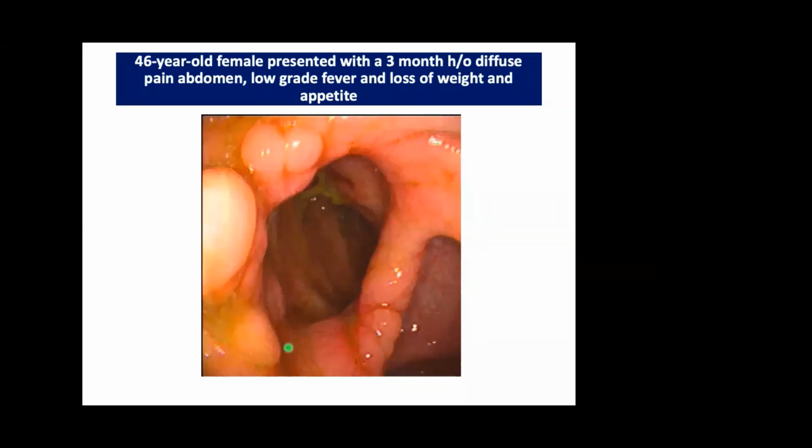I can see the terminal ileum from the IC valve, and I can see a stellate ulcer inside, a transverse ulcer on the ileal side of the IC valve. And I can also see a few pseudopolyps on the outer lip of the IC valve. Not pseudopolyps, they're just polypoid lesions. It's a patulous ileocecal valve.